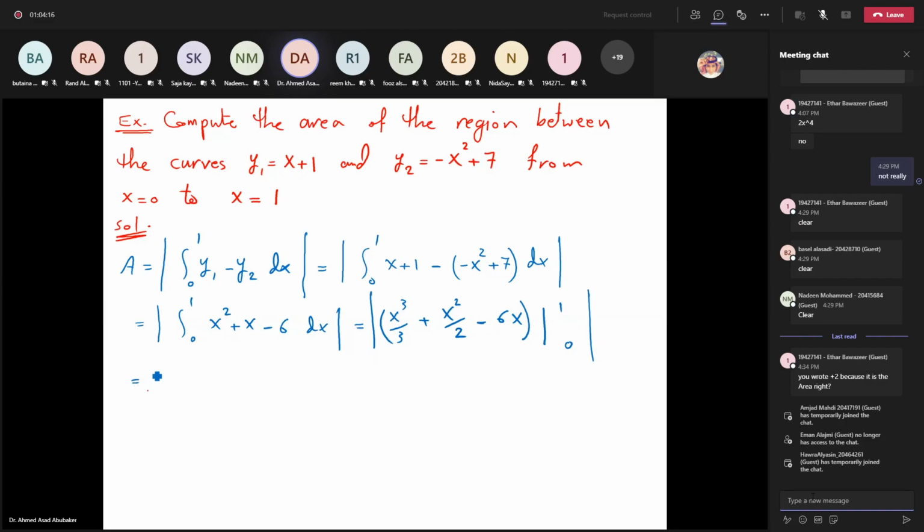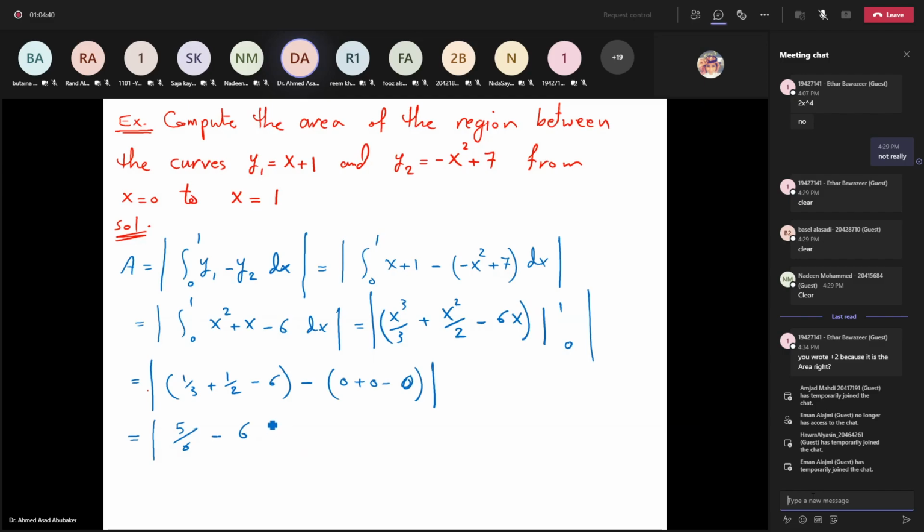Substitute 1, we have 1 over 3 plus 1 over 2 minus 6. Substitute 0 equals 0 plus 0 minus 0. This is equal to 1 over 3 plus 1 over 2, which is 5 over 6, minus 6.